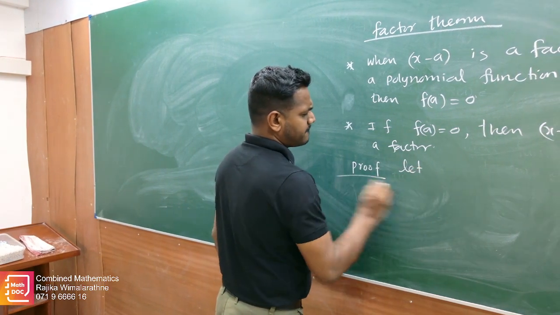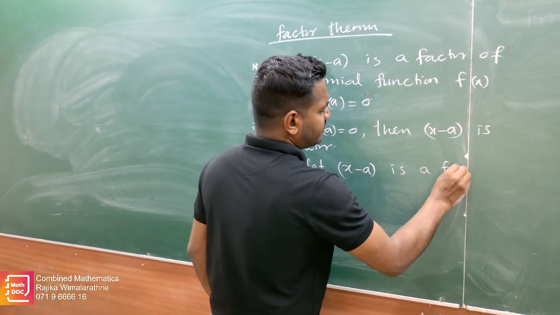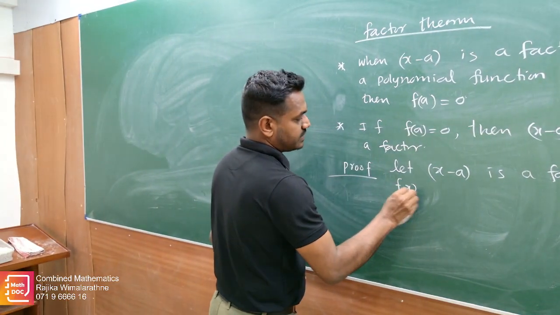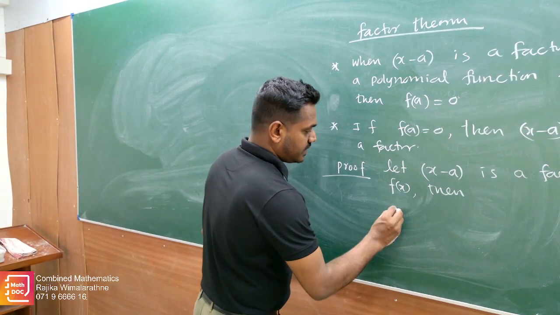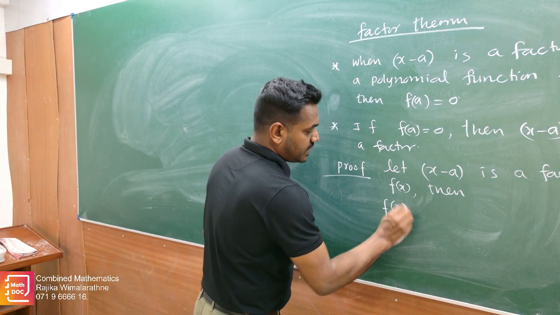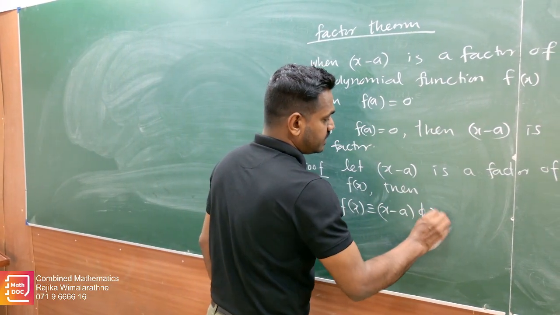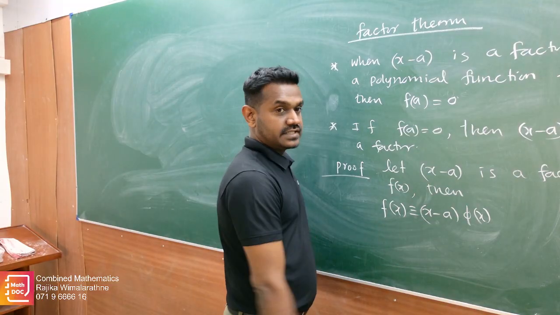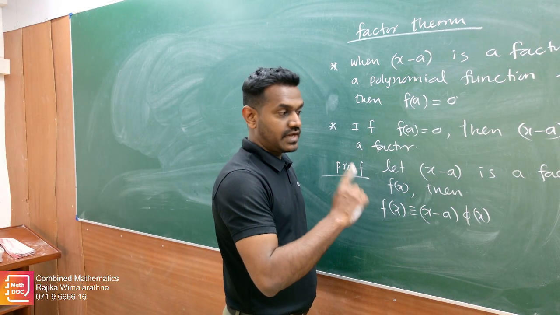Let x minus a be a factor of f(x). Then f(x) is identical to (x minus a) φ(x). Okay, we have a factor. You put an identical sign here, not an equal sign, because expressions are identical, values are equal.